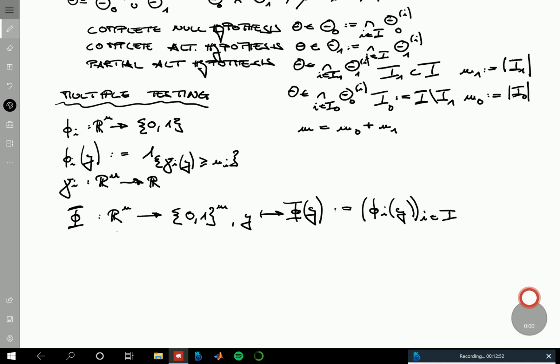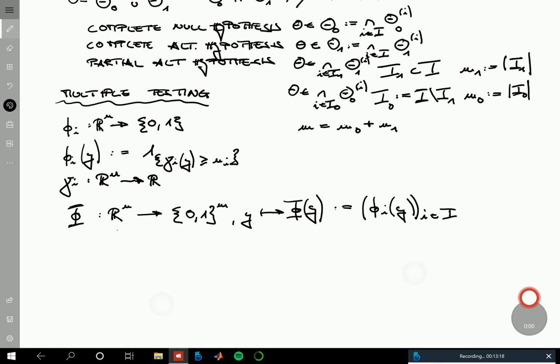And on the other hand, also the test can come out 0 for all tests, 1 for all tests, or anything in between. So it's not immediately clear how to define type 1 and type 2 errors, or I mean there are more possibilities for type 1 and type 2 errors than in the case of the single test scenario. And this is what I want to do next.